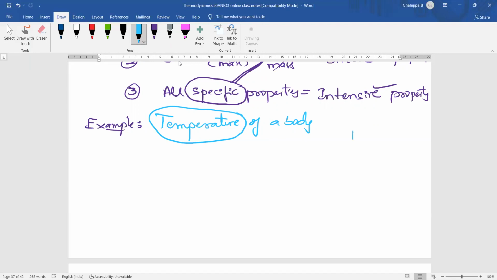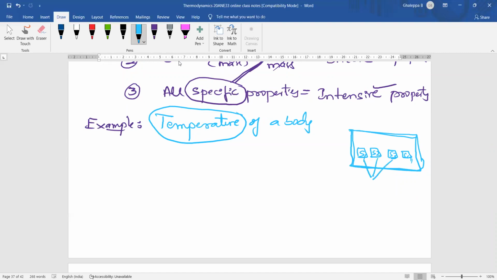For example, here is a classroom. In this classroom, there are 4 students sitting: student 1, student 2, student 3, student 4. Assume the classroom is a system.